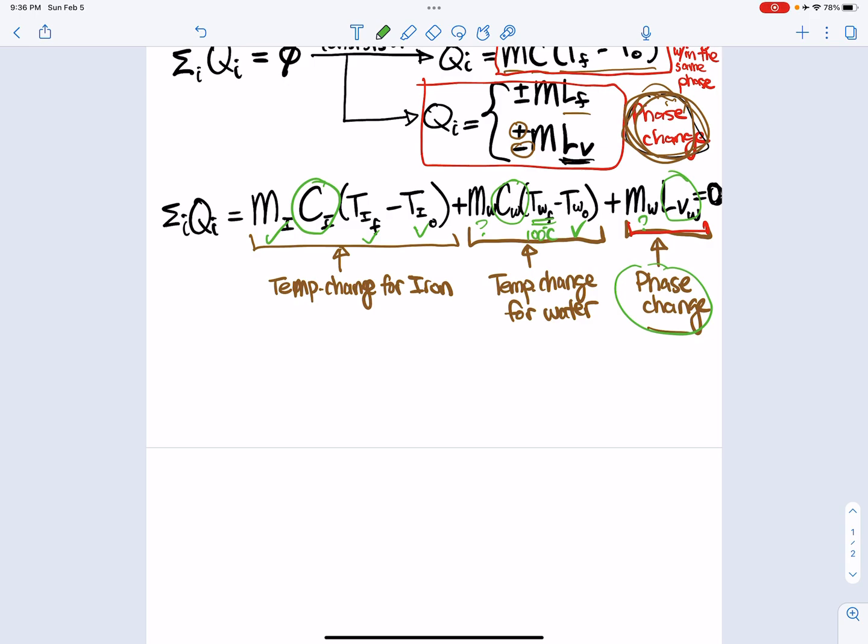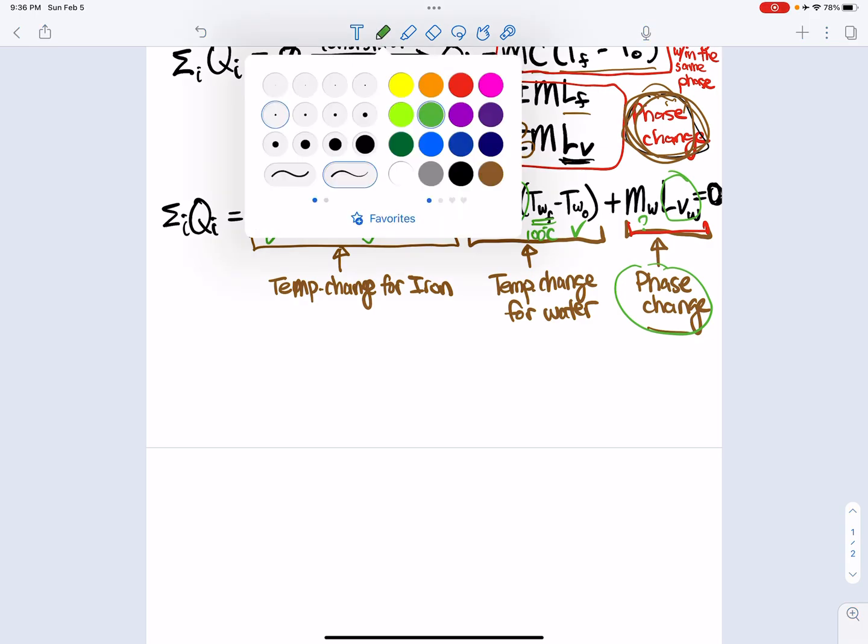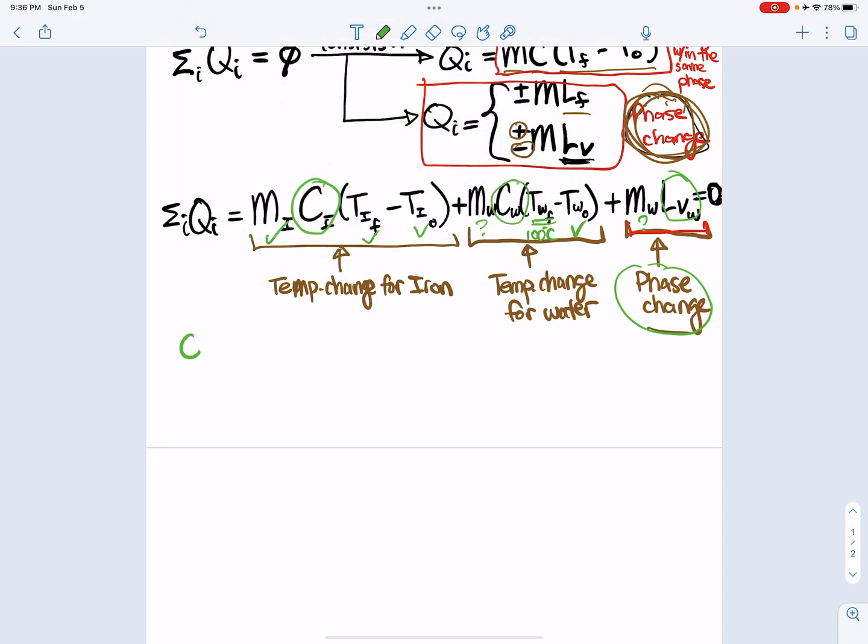Anyways, according to Google, the specific heat of iron is equal to 0.47 times 10 to the 3 joules per kilogram times Kelvin. For water, specific heat is 4.19 times 10 to the 3 joules per kilogram times Kelvin.